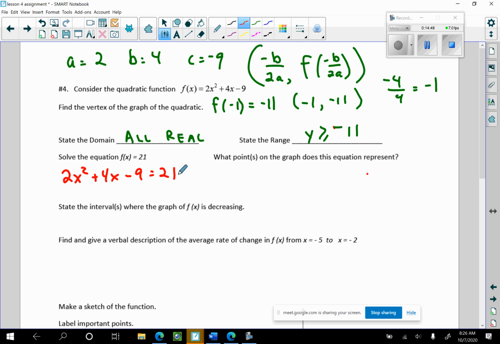I would ask that you look at the key. The solutions, if I'm not mistaken, you guys can check me, are negative 5 and 3. Does that seem correct? Is the key correct for those of you that actually did this? All right, thank you very much.